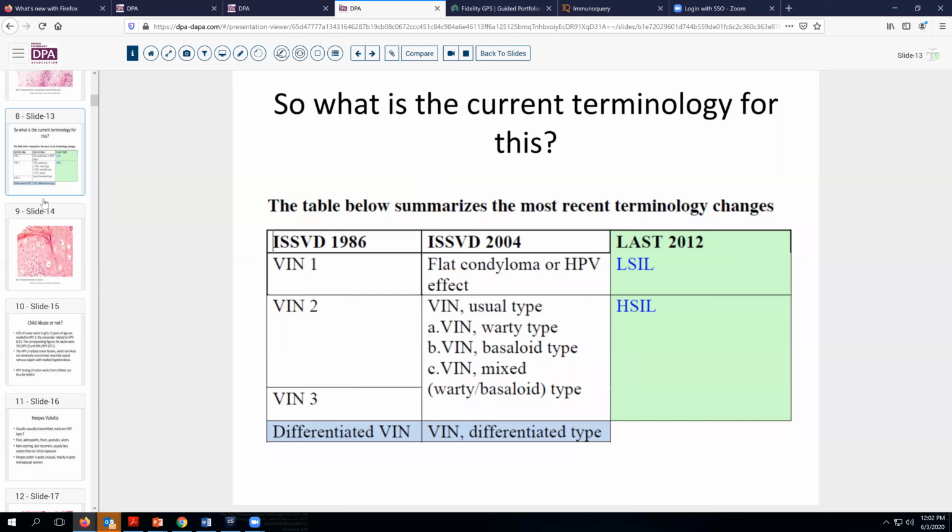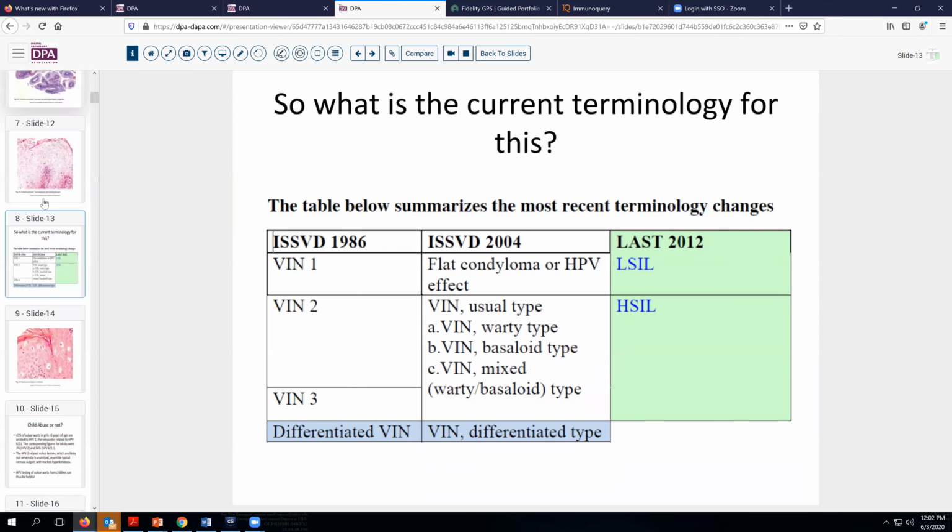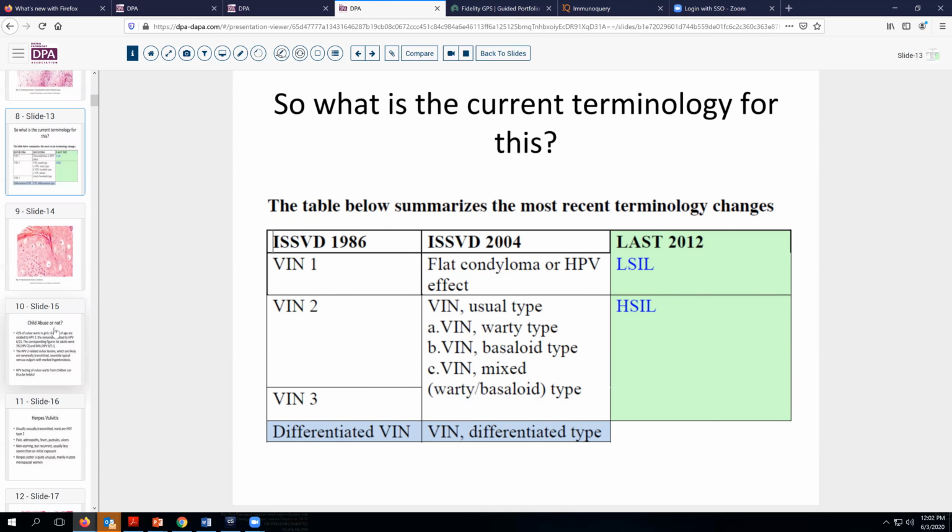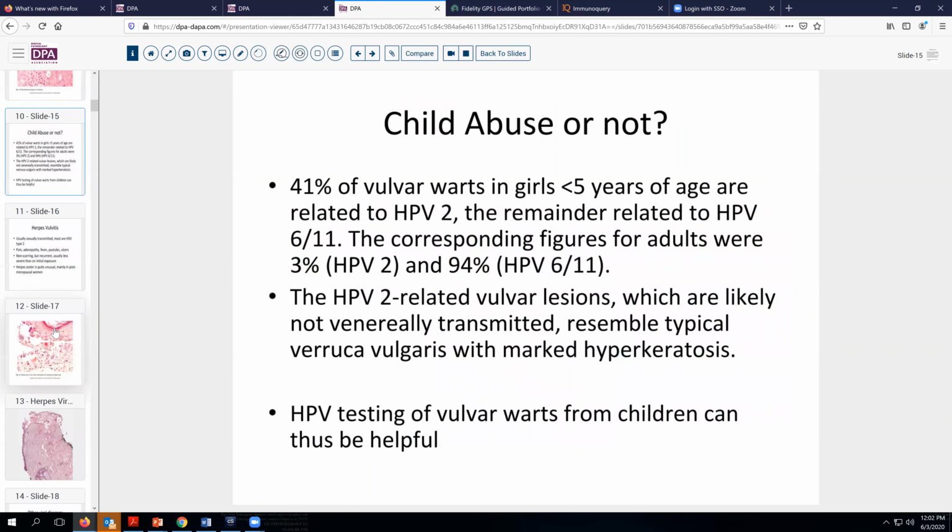But the thing that I wanted to bring up is the question of child abuse. When you encounter one of these vulvar warts in a girl who's young, pre-pubertal and so forth, is this an indication of child abuse? And the answer is not necessarily.